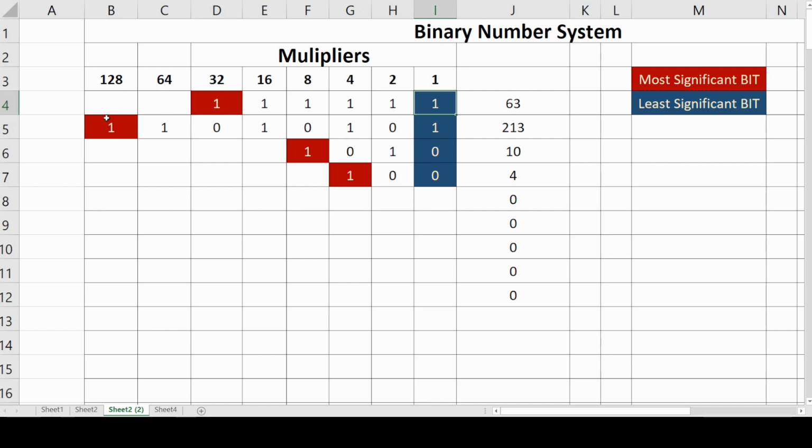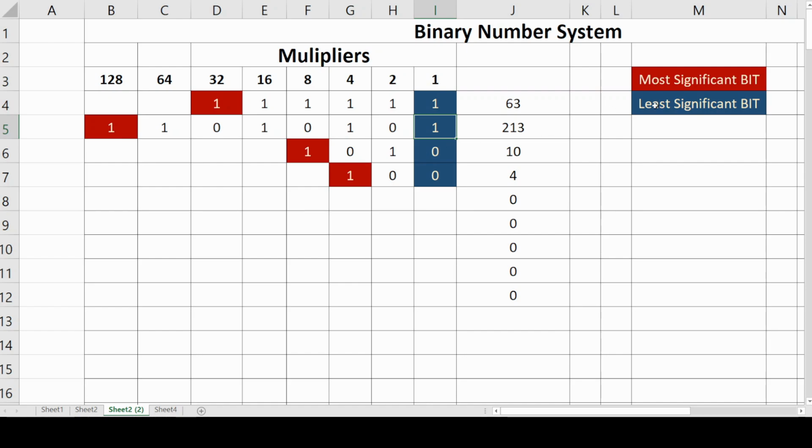For example, this is a 1 on this side, and this is also a 1 on the right hand side. But both of them have different values. This one has a value of 128, whereas this one has only a value of 1. So we now know which is the most significant bit and which is the least significant bit.